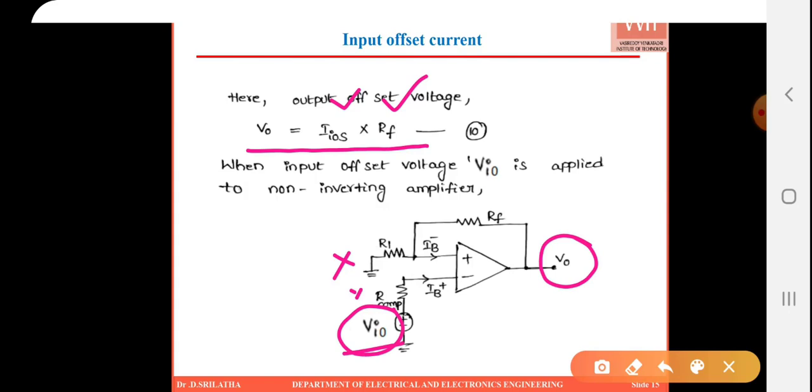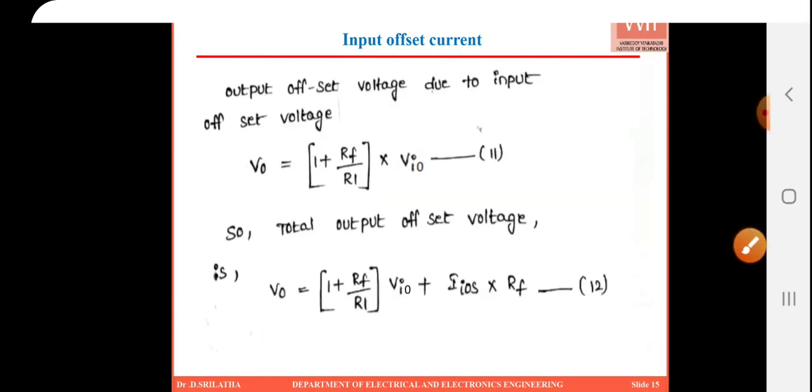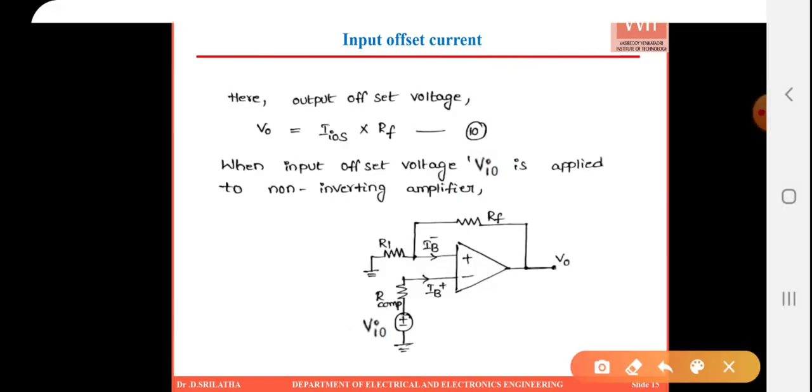Even though the two transistors are identical, due to some mismatch in the transistor biasing, there will be a difference of voltage across the two terminals of the op-amp. That voltage is usually denoted by the symbol VIO.